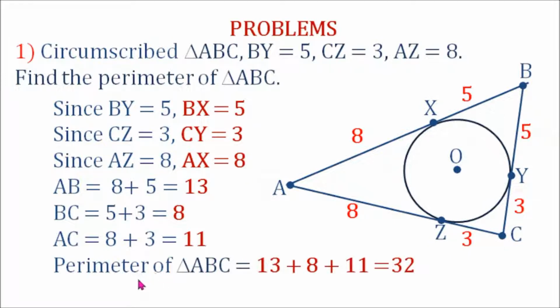So the perimeter of circumscribed triangle ABC equals line segment AB, which is 13, plus line segment BC, which is 8, plus line segment AC, which is 11. So 13 plus 8 plus 11 equals 32.